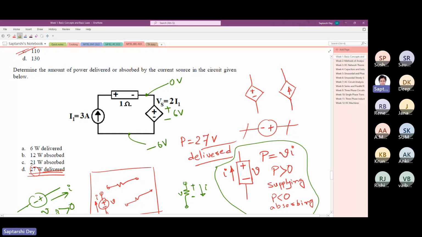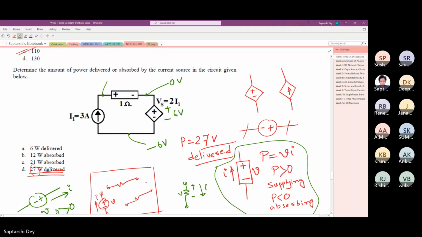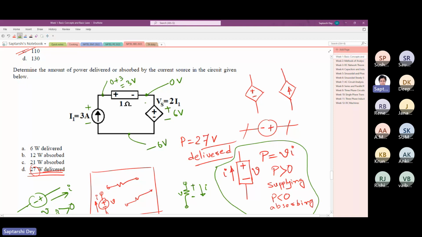And what is the voltage here? 0 plus 3 like before. 3 volt. It was 0 here, 3 volt above because there is a drop of 3 volt across the resistance.